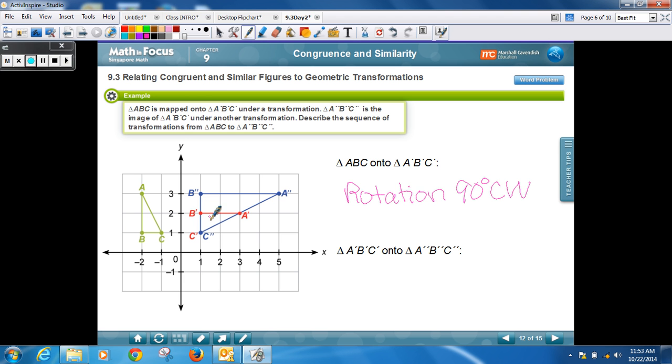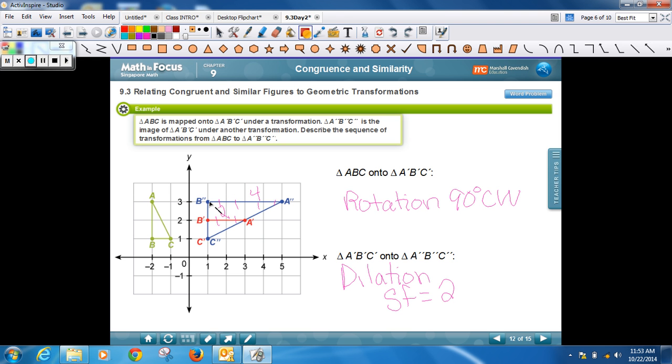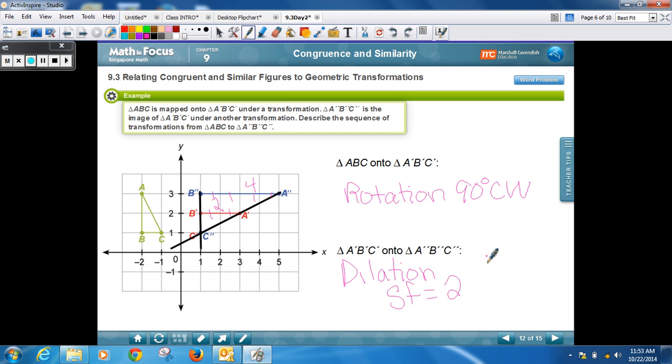Then to go from that to the blue one, those are similar, so I know it has to be a dilation. And remember to figure out your dilation, the scale factor, this side was 2. 1, 2, 3, 4. So I have a scale factor equal to 2. And if I connect those points, it's very obvious then that your center is at 1, 1. That's the end of that one.